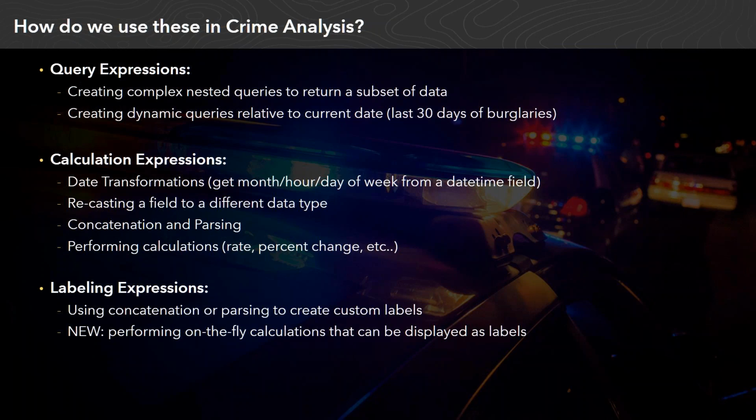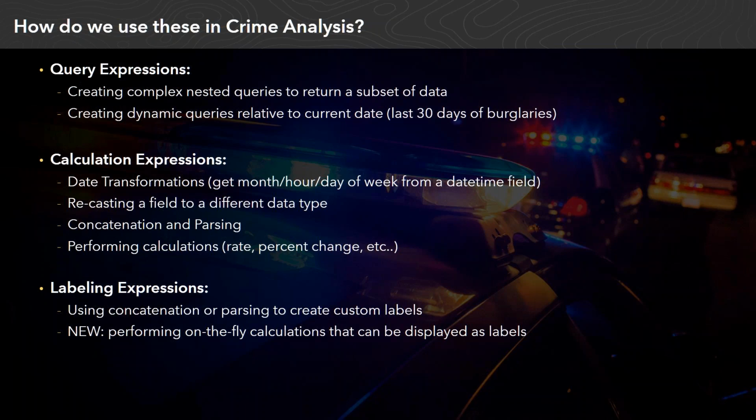We also use expressions in labeling. Currently, you can utilize concatenation or parsing to create custom labels in ArcMap by bringing together different fields. But a new capability that's recently been introduced to the ArcGIS platform enables you to perform on-the-fly calculations for creating labels.